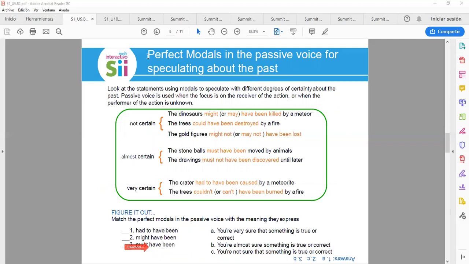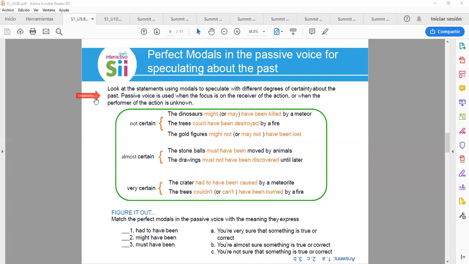Perfect modals in the passive voice for speculating about the past. Look at the statements using modals to speculate with different degrees of certainty about the past. Passive voice is used when the focus is on the receiver of the action or when the performer of the action is unknown.